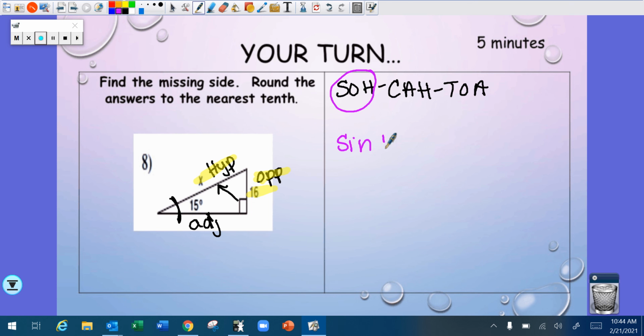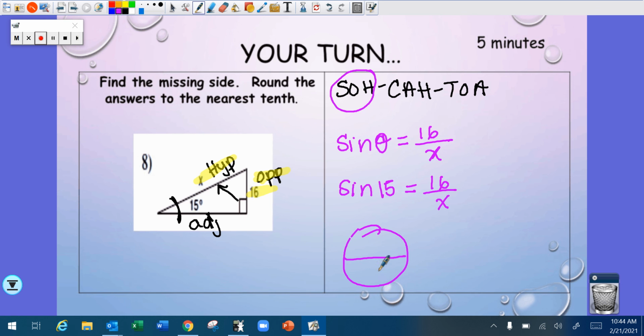So I would say sine of theta equals 16 over x. And then I would fill in sine of 15 equals 16 over x. I will graph my circle right here. Sine of 15 equals 16 over x. I'm trying to find x, so I highlight that.